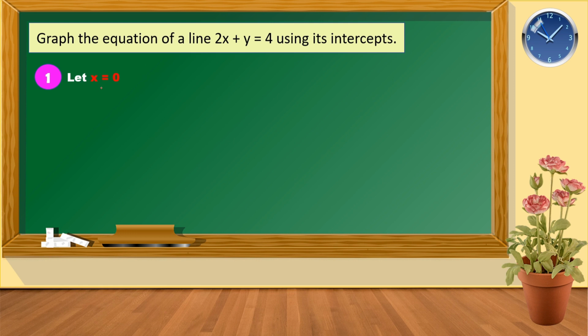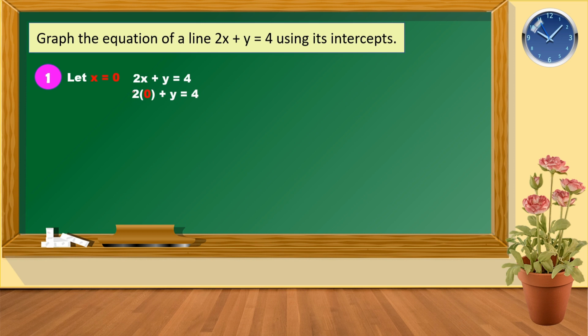So paano masasolve? Ang gagawin natin is rewrite the given, which is 2x plus y is equal to 4. Now, since naglet tayo ng x as 0, therefore, instead of writing x here, ang ilalagay na natin is 0. Kasi nag-substitute tayo.